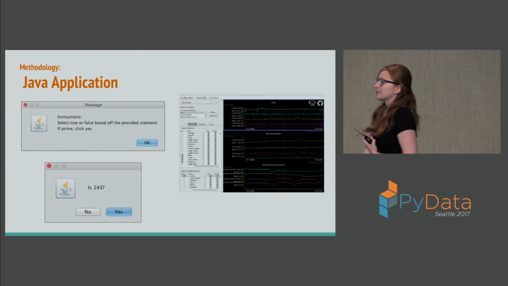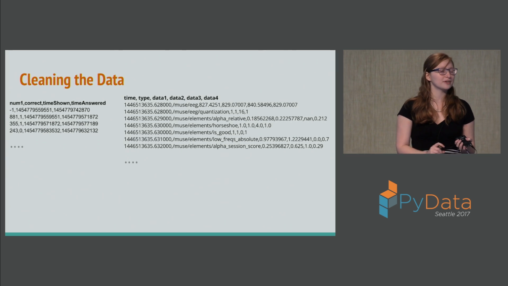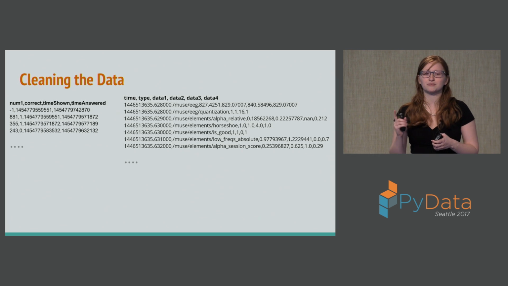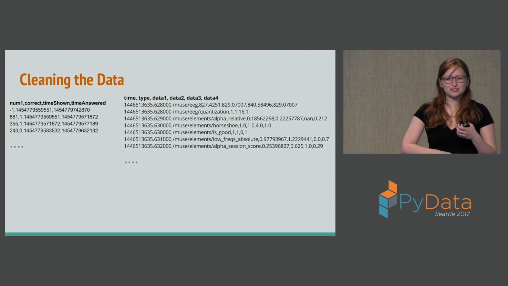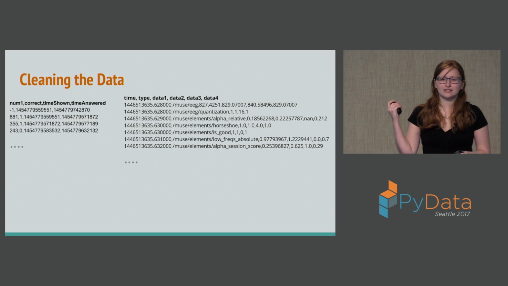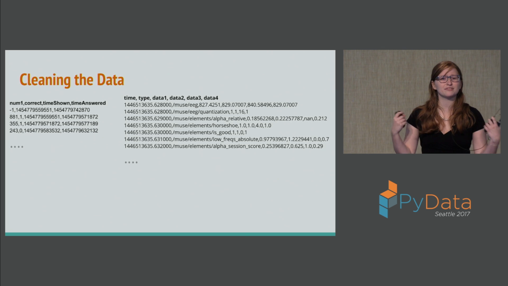So that left me with 2 CSV files. On one side, I had my answer, which was the time shown, time answered, and if they got it correct. But then I had the Muse file, which was this very long file of just completely different things, such as is the elements is good, low frequency, absolute, a lot of stuff I didn't need.